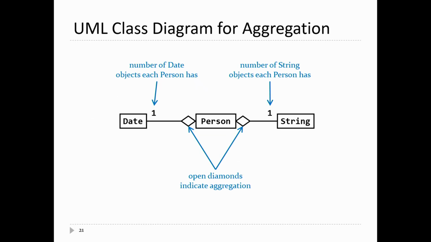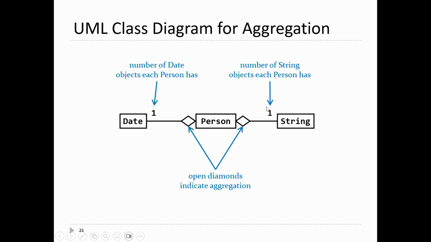Okay, so if you want to draw the UML class diagram for aggregation, you would draw it like the following. Here's our person class. We know person has a string and person has a date. So in association, you would just draw a solid line between person and date, and a solid line between person and string. Here we have aggregation. Aggregation is indicated by an open diamond on the person object in this case.